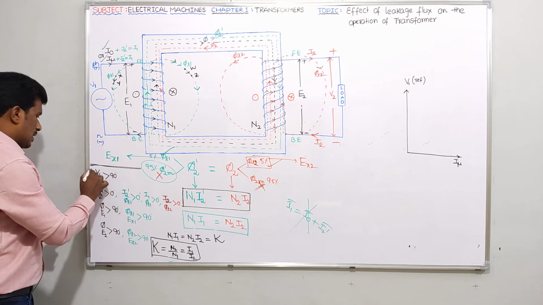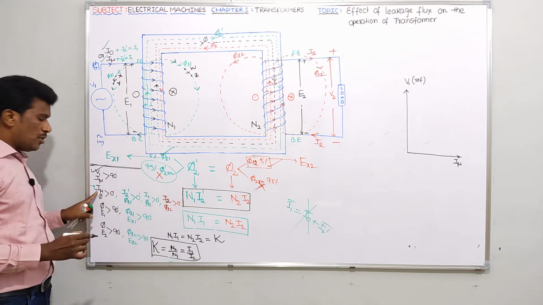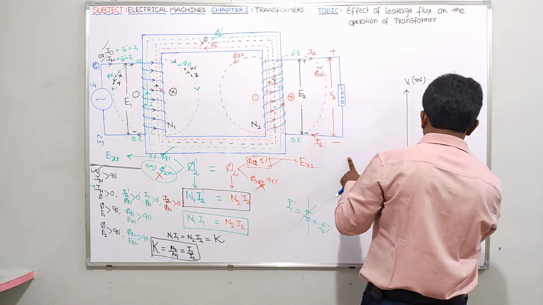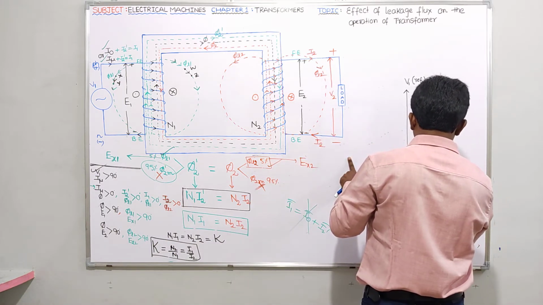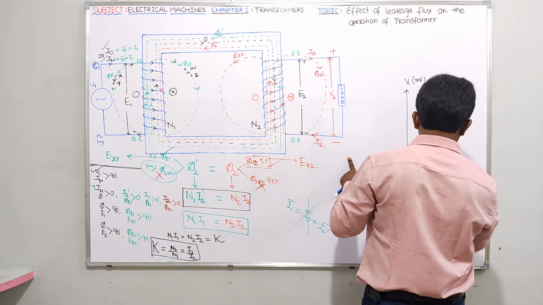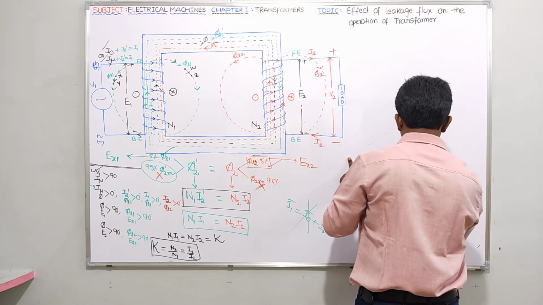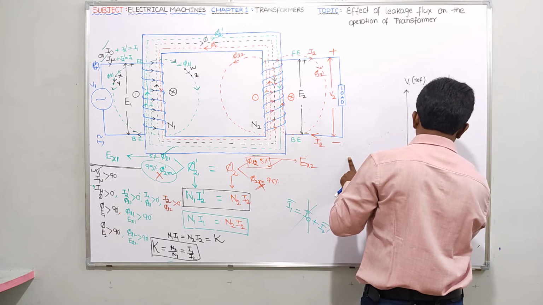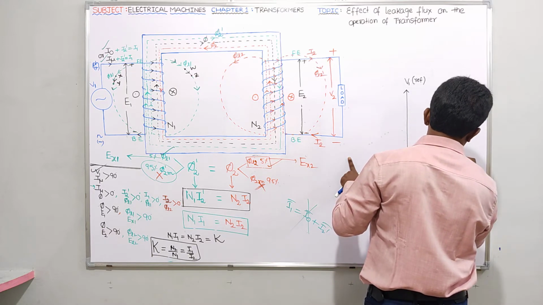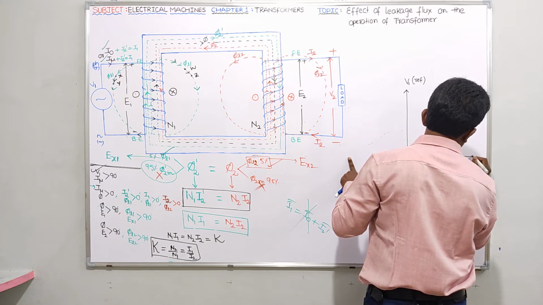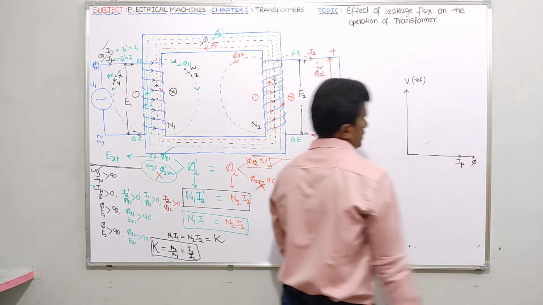Next, what is the angle between IMU and pi? 0. So the angle between IMU and flux is 0. Let me draw IMU and flux in phase like this.